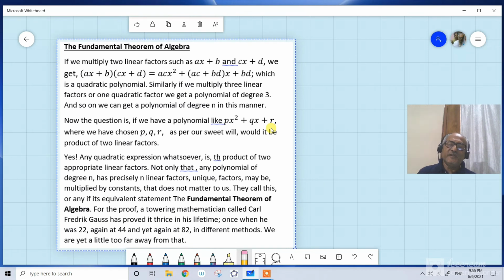Lastly, it was solved in the 17th century by Carl Friedrich Gauss, that you write p, q, r, whatever numbers you wish, and this px square plus qx plus r will have two factors. There will be two linear factors which when multiplied will give px square plus qx plus r.